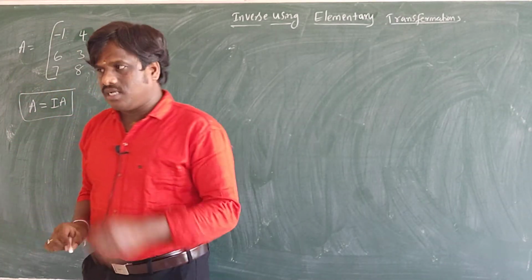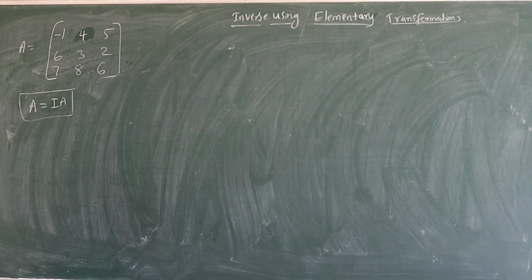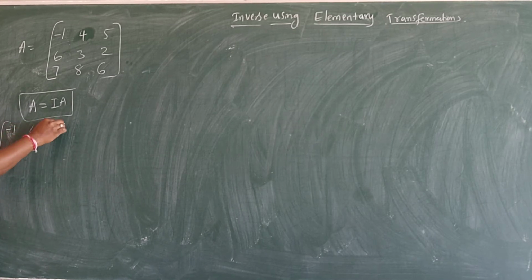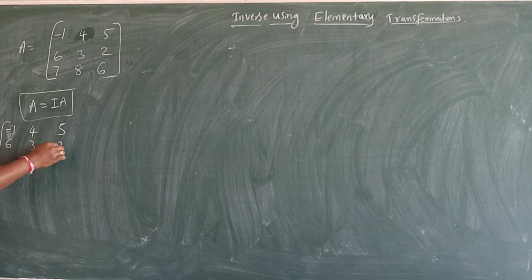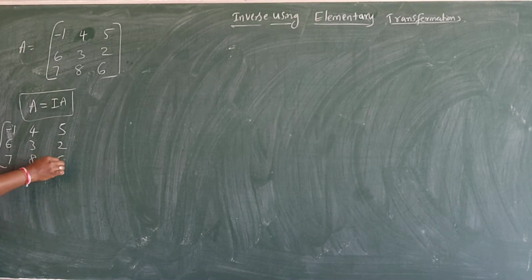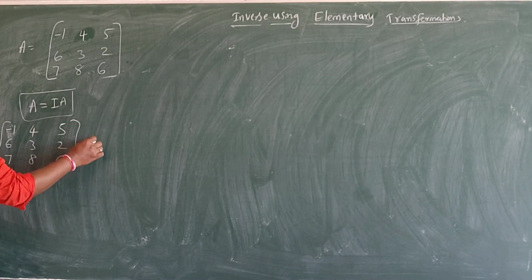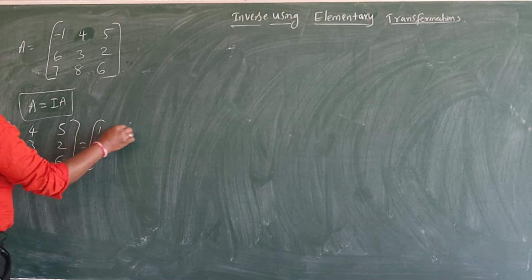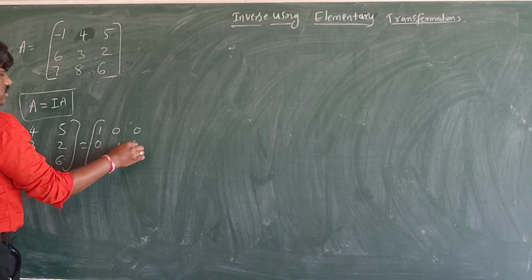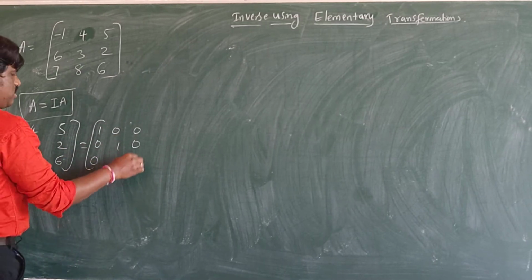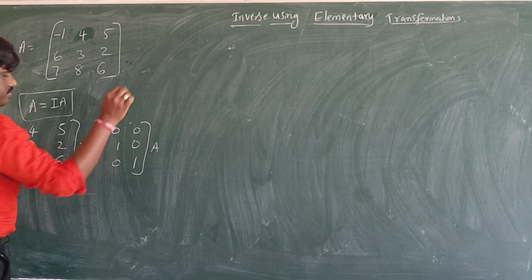So identity matrix and identity property, you know: A equals IA. A is minus 1, 4, 5, 6, 3, 2, 7, 8, 6, is equal to I, which is 1, 0, 0, 0, 1, 0, 0, 0, 1, into A. Right?